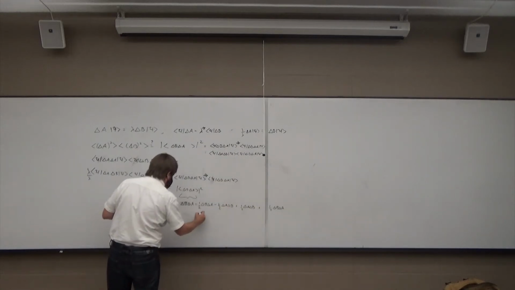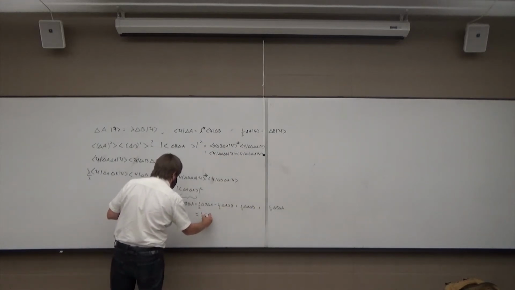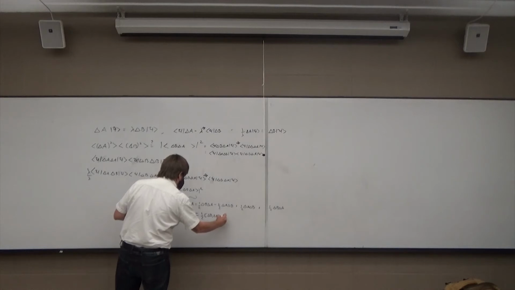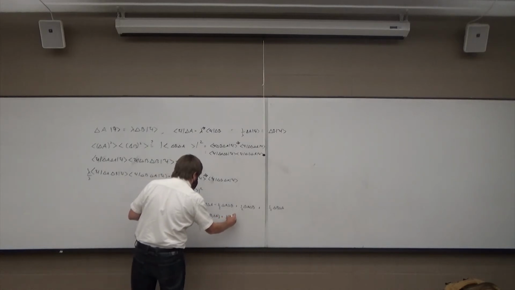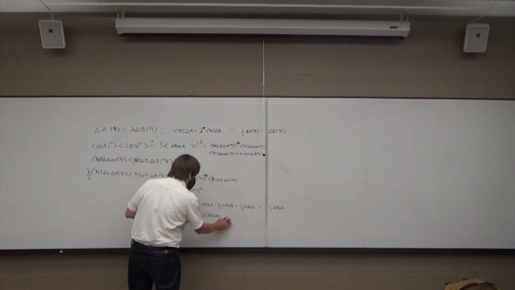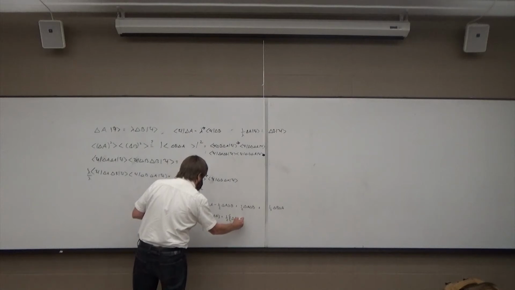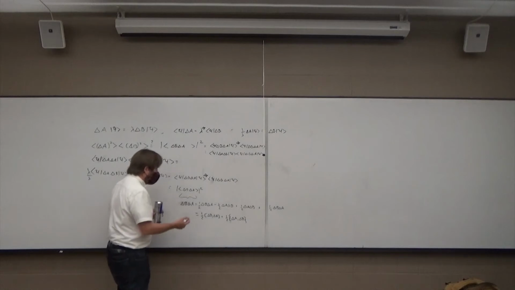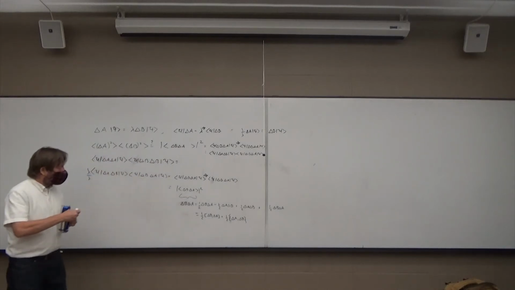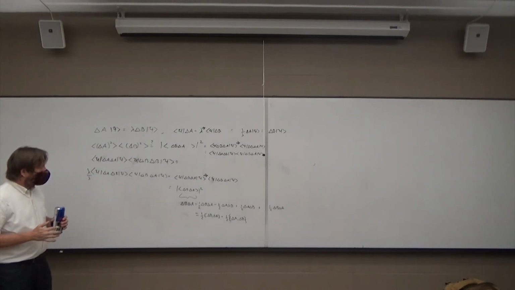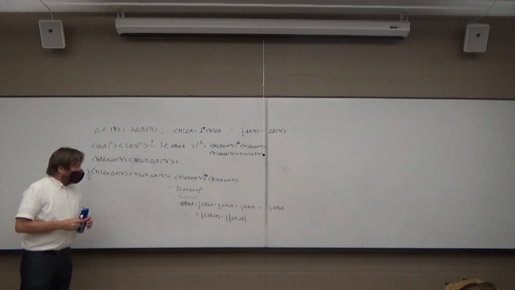Look at that, it's a commutator. So the AB cancels that and you get delta B delta A squared is equal to, yeah.